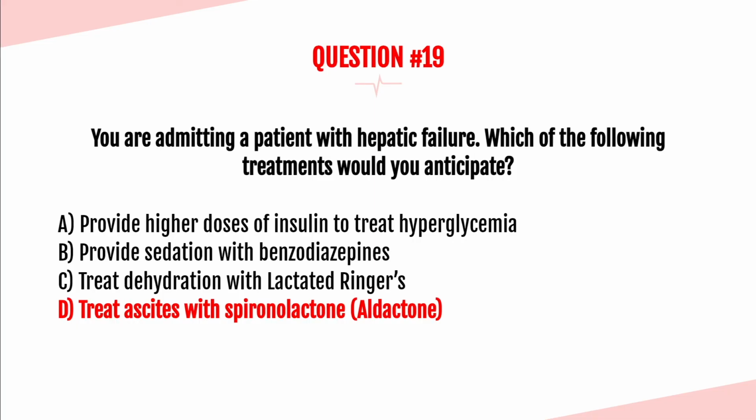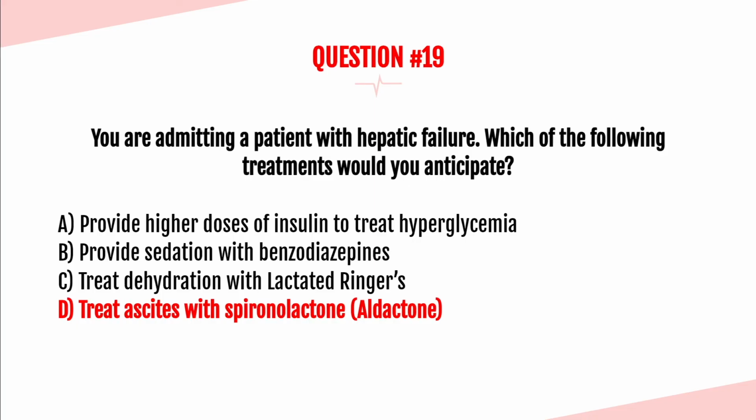With patients with hepatic failure, you don't want to do anything that increases their ammonia level. And a low potassium level actually increases ammonia production and it can result in acidosis. So we want to avoid hypokalemia. With spironolactone being a potassium-sparing diuretic, this is going to be our best answer.